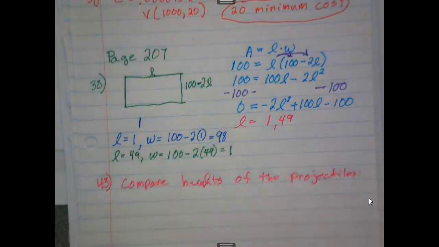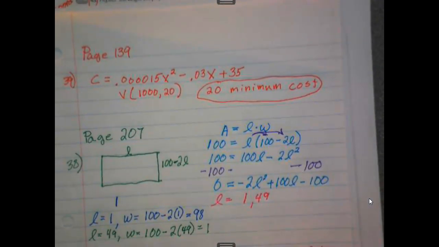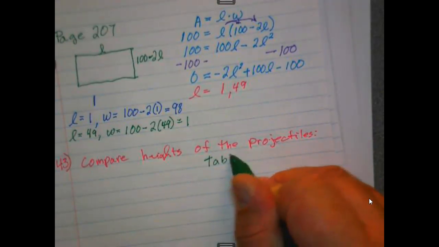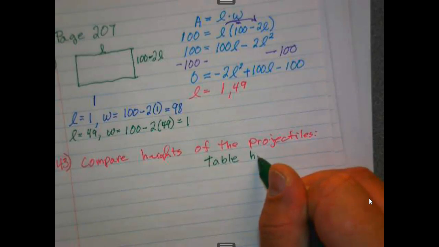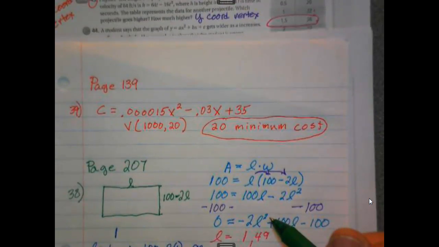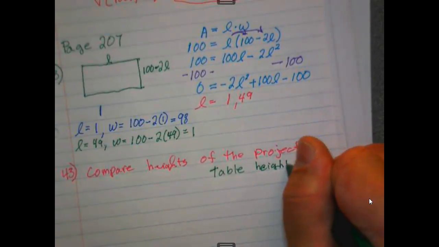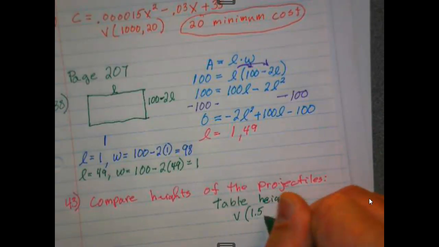We already know that the height of the table is 36. The vertex is 1.5, 36.